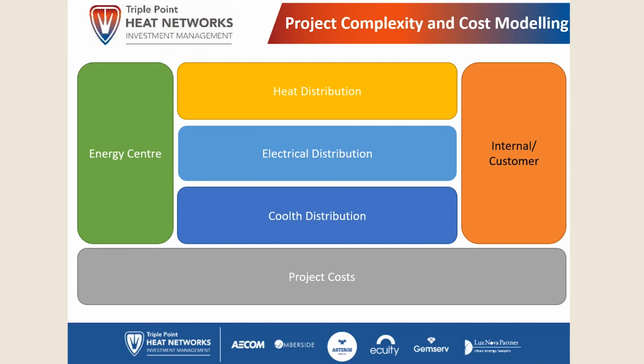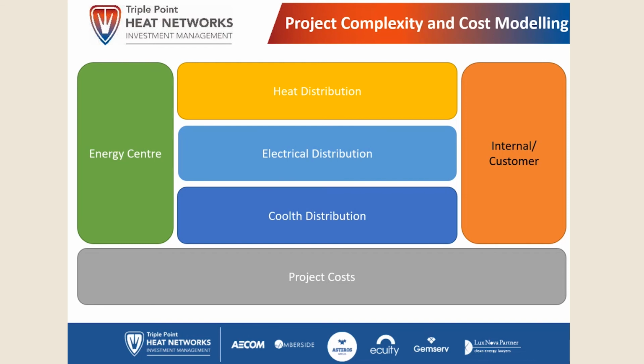We've then got an allowance for internal customer components. So if you have an existing building and you're having to put internal pipework in to go from a connection up to individual dwellings, that would be part of the internal customer inputs.